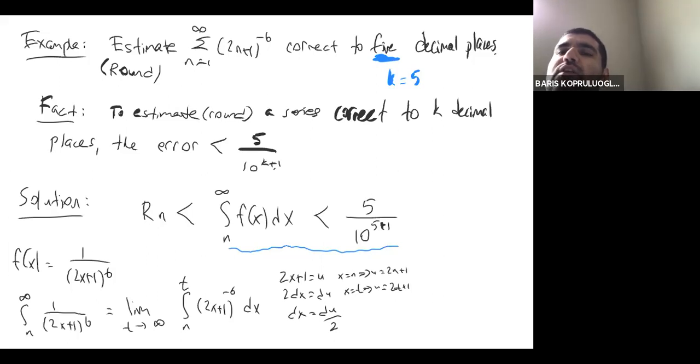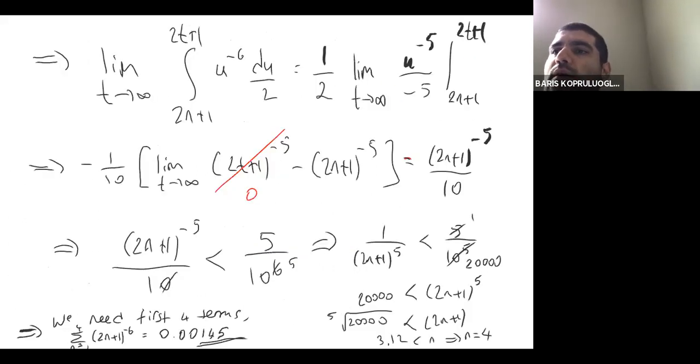And what do we know about the error from the remainder estimate theorem? The error is always less than the integral of f from n to infinity. Using your improper integral knowledge, a little u substitution and then a limit, you will have (2n plus 1) to the power of -5 over 10, and that will be less than 5 over 10 to the 5th.